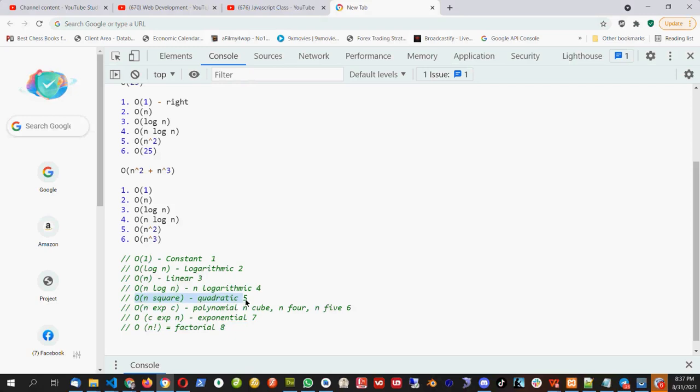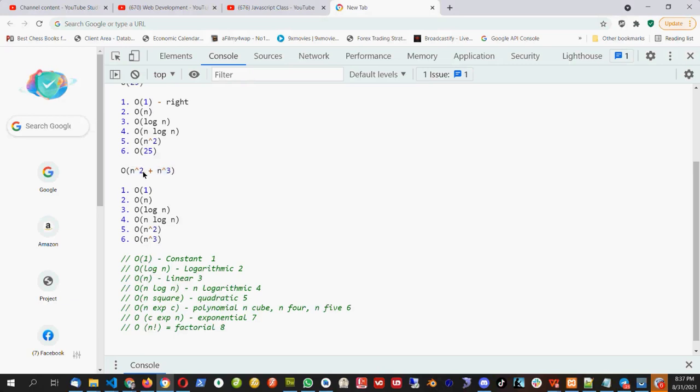And the next one is the polynomial, that is n cube, n raised to 4, n raised to 5. So n cube is coming in this polynomial part. Therefore, n cube is more complex than n square.